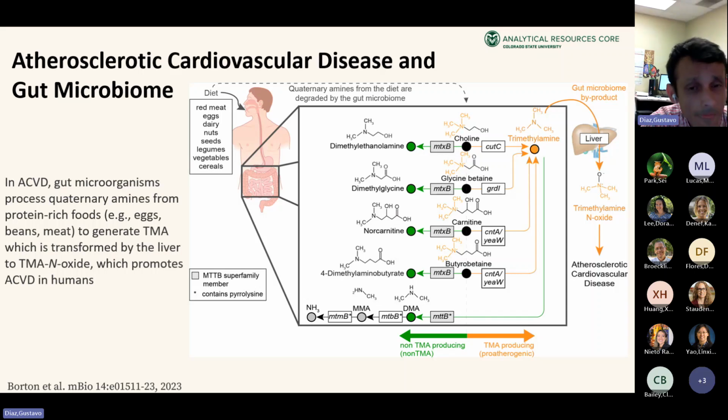These amines are primarily metabolized by our gut microbiome, and they will produce a compound, TMA, a compound that is exclusively produced by bacteria. And this TMA is going to get to the portal circulation, get to the liver, and is going to be oxidized to TMA N-oxide. And this TMA N-oxide has been highly associated with ACVD.